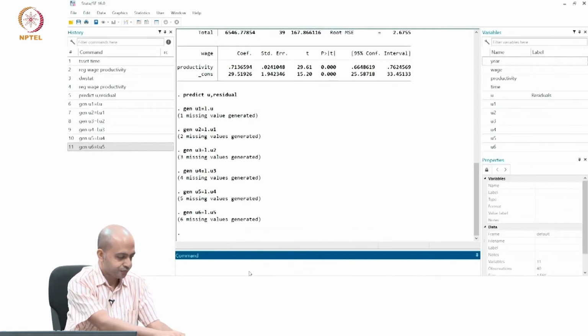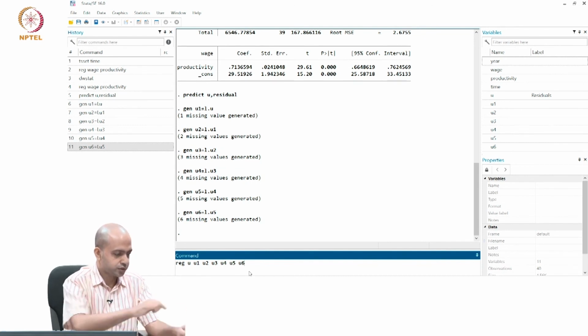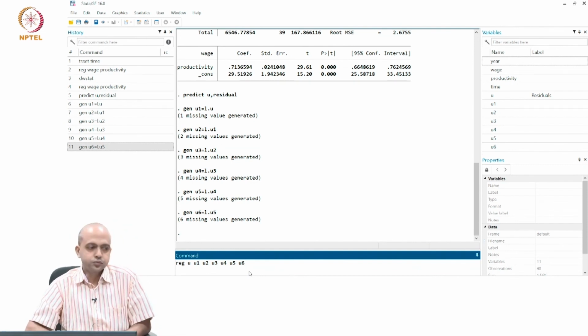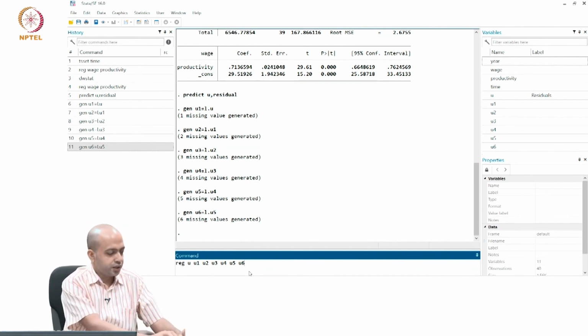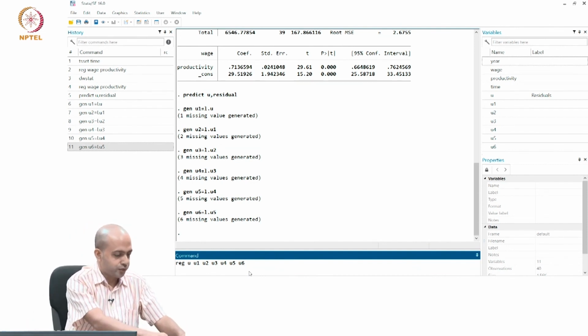So, reg u on u1, u2, u3, u4, u5 and u6, and then you need to include productivity also.